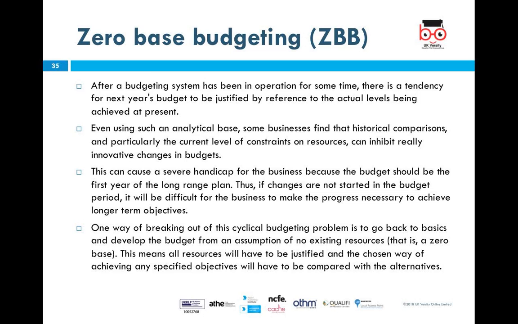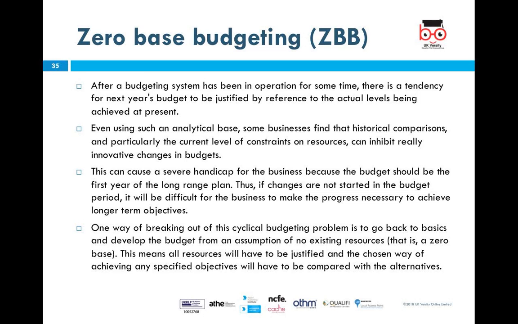There is a tendency for next year's budget to be justified by reference to the actual levels being achieved at present. Even using such an analytical base, some businesses find that historical comparisons, and particularly the current level of constraints and resources, can inhibit really innovative changes in the budget. So it's kind of innovation budgeting.